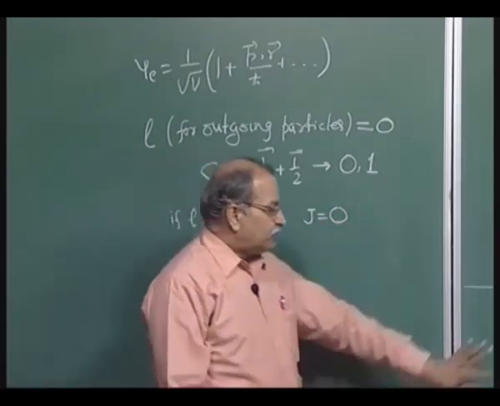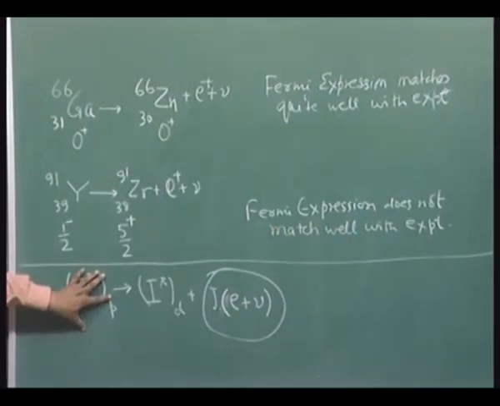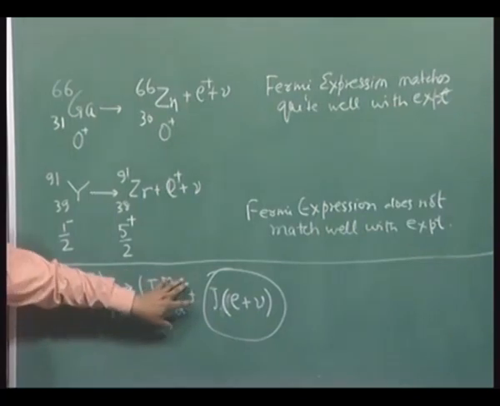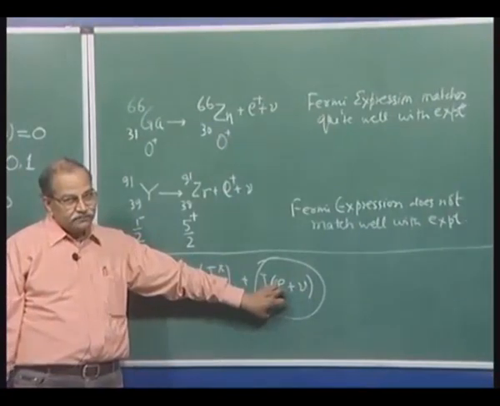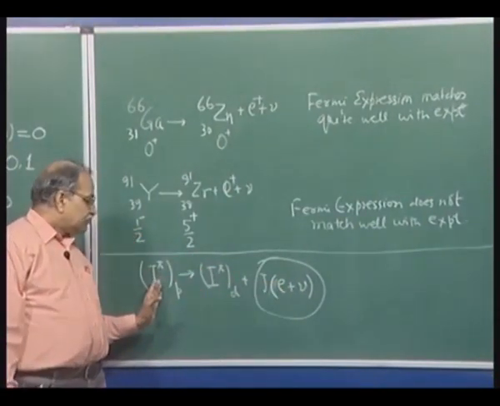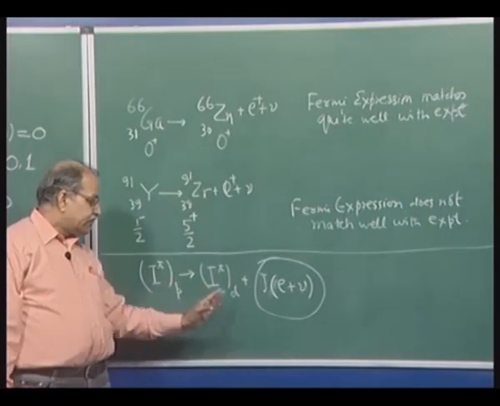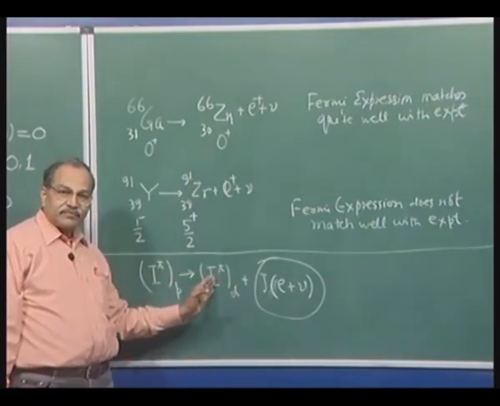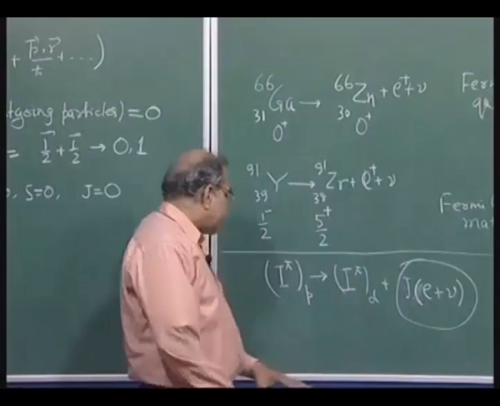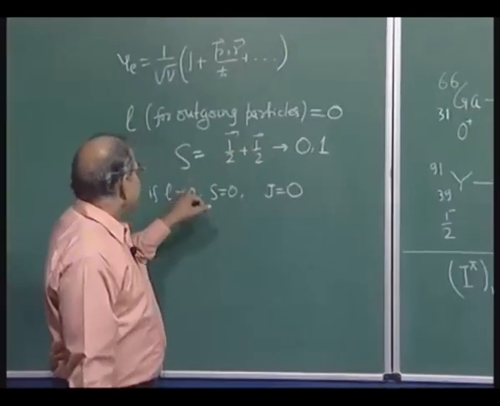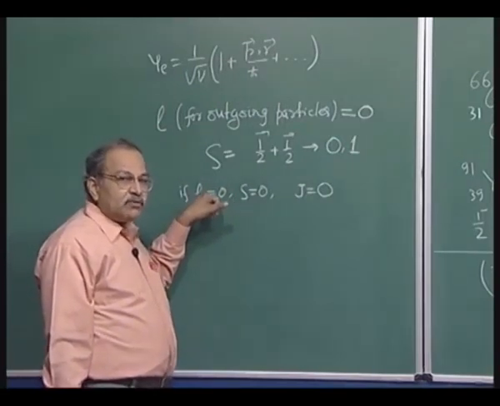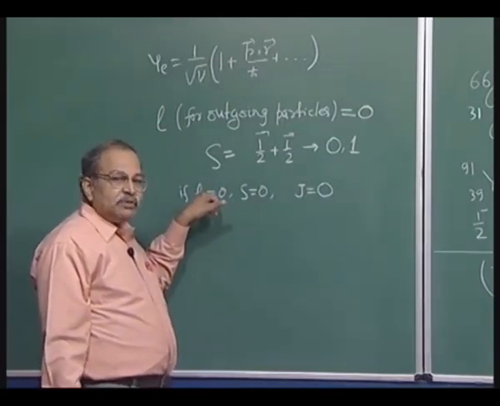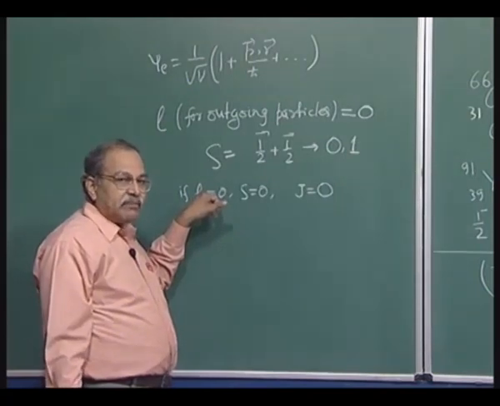So, you have this parent nucleus having some total angular momentum, the daughter nucleus and the outgoing particles, and if this J is 0, then you should have parent nucleus I same as daughter nucleus I, and the parity will be governed by this L. So, if these outgoing particles have 0 orbital angular momentum, then there will not be a change in parity.